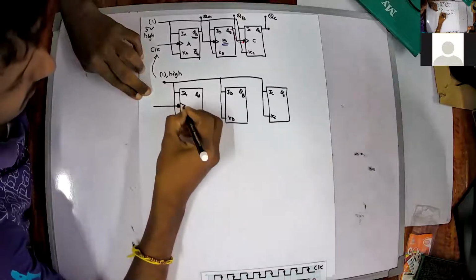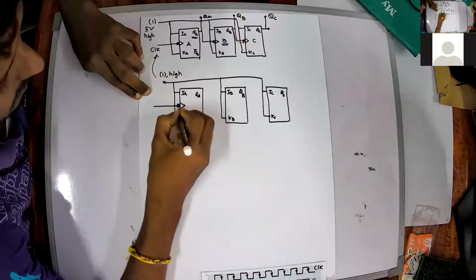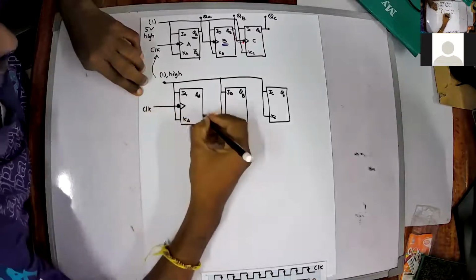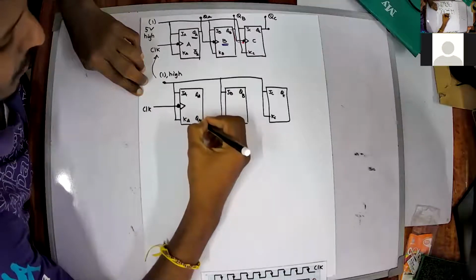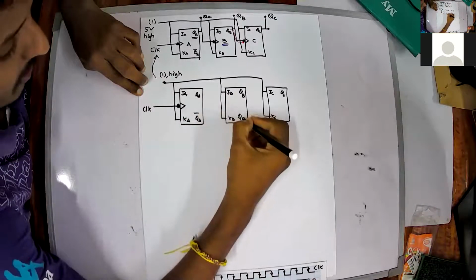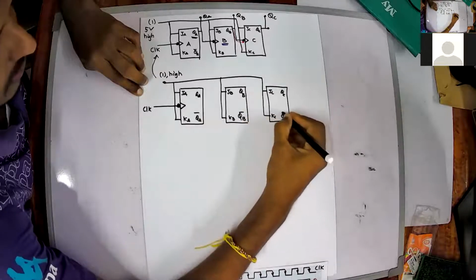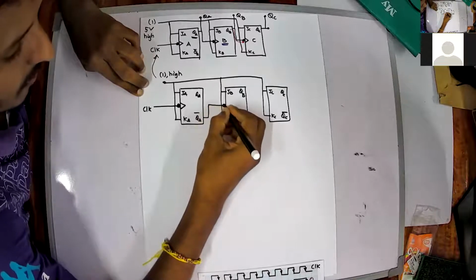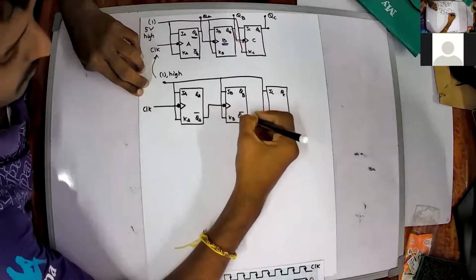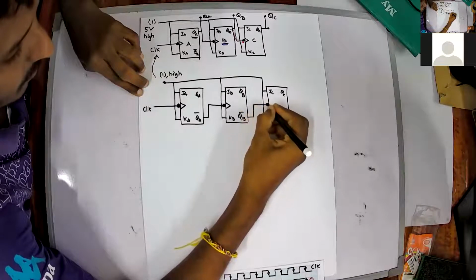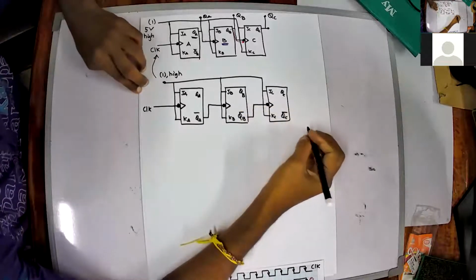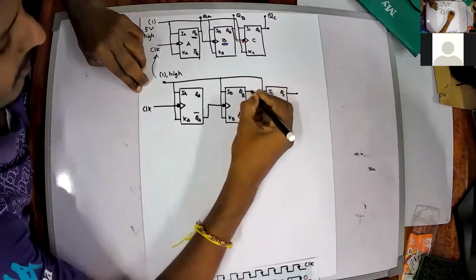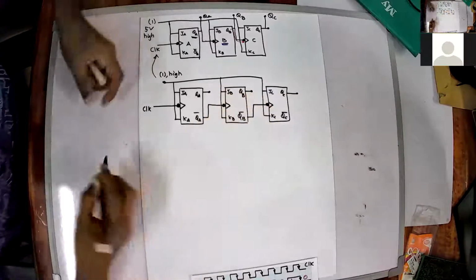I am using negative edge triggering flip-flops. So here this is my clock. Again, what I am doing is connecting QA bar, QB bar, QC bar. So now I have QA, QB and QC.